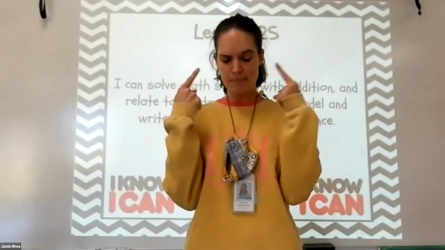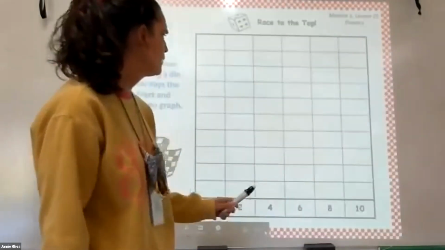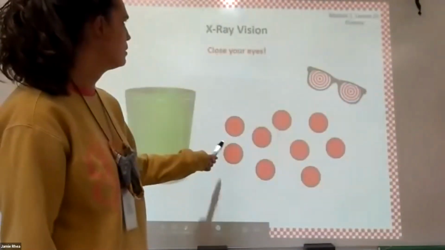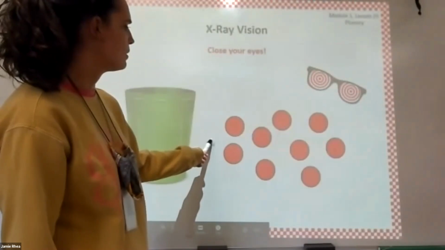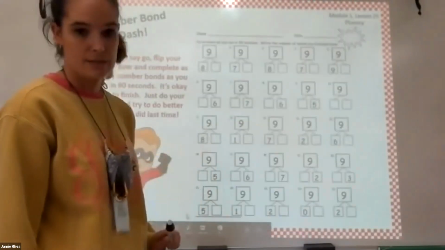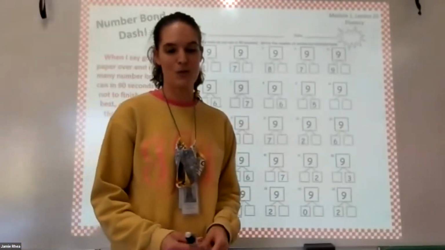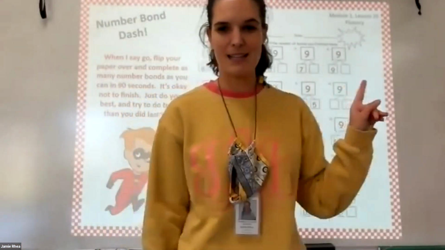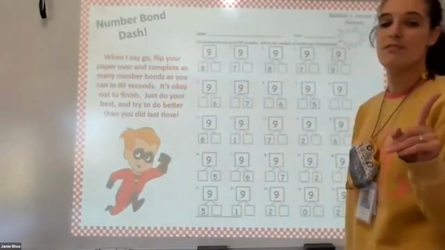So first thing we're going to do is exercise our brains and start doing a fluency. You are going to do the number bond dash. It is in your Google Classroom. Go look for it. It is labeled M1L25.